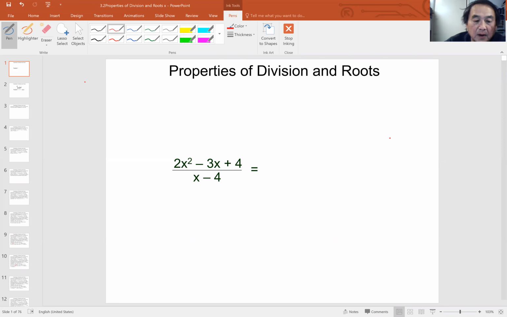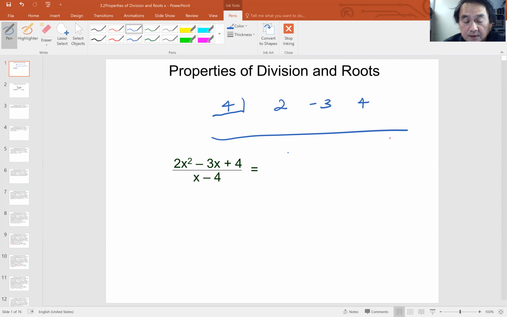Okay, we had synthetic division before, and we know that I can put down the coefficients and put down the zero of the divisor.